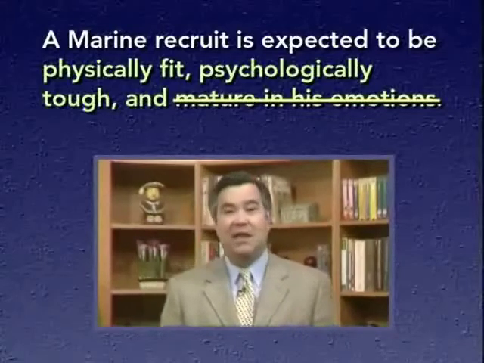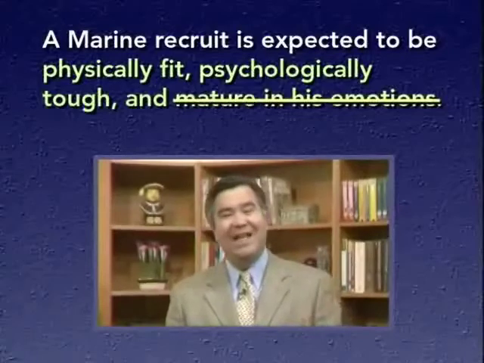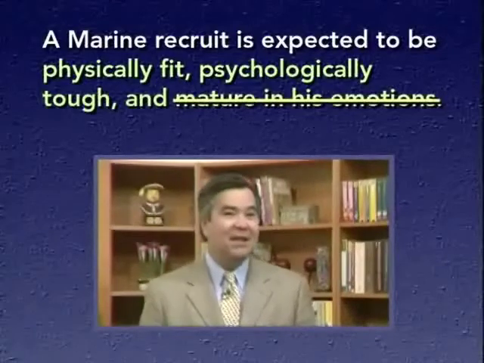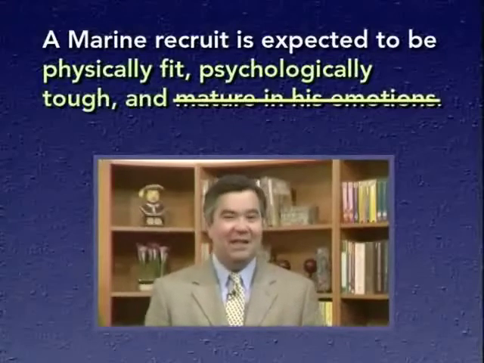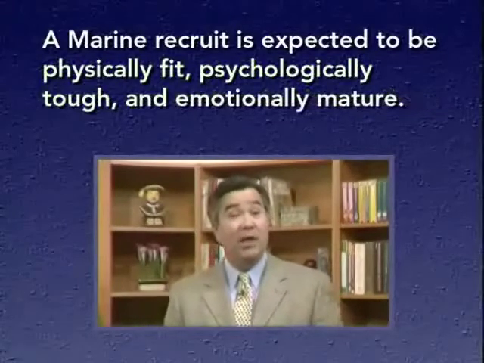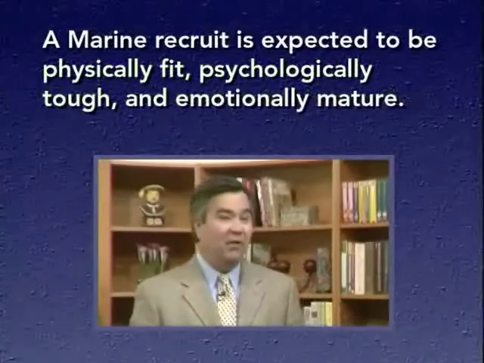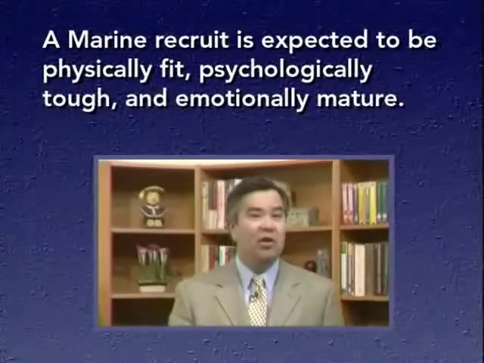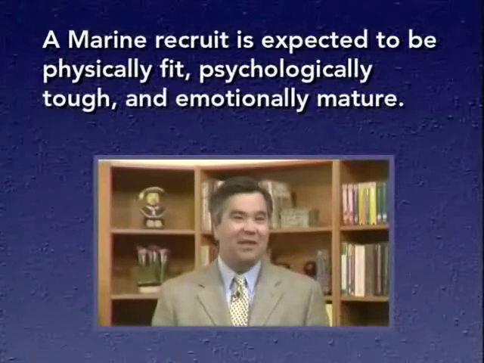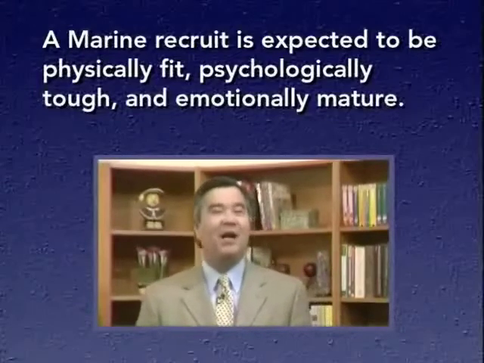Since the meaning of the sentence refers to mature in his emotions, it makes sense that the proper adverb to use would be emotionally. And the sentence would then read, a Marine recruit is expected to be physically fit, psychologically tough, and emotionally mature. Now the sentence fits the principle of parallelism.